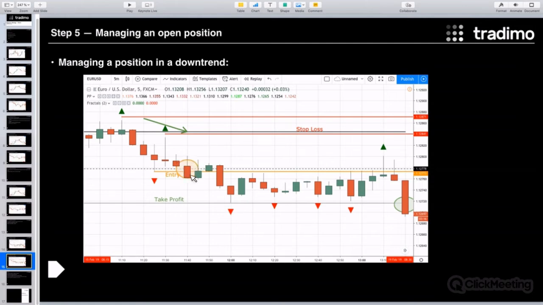Here our pending order was triggered, and if this happens, of course, our stop loss level can only move lower to reduce our risk. The initial stop loss was at this level, and then this up fractal appears, and it was confirmed after this candle has closed. And then, of course, we can move our stop loss lower to this level.